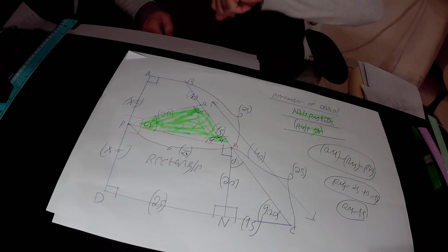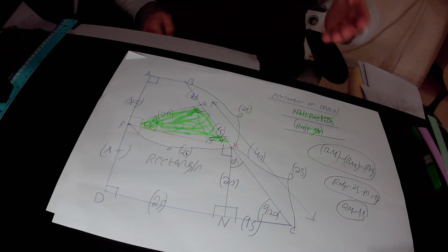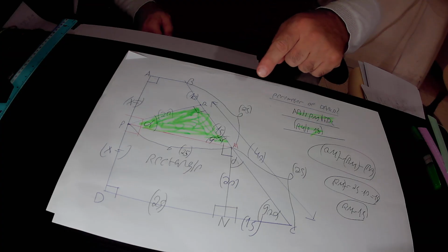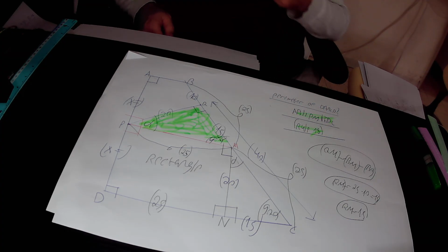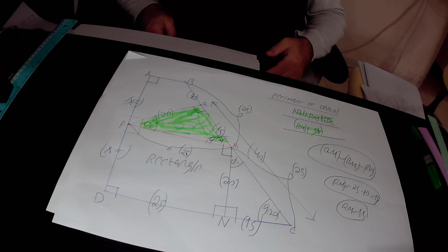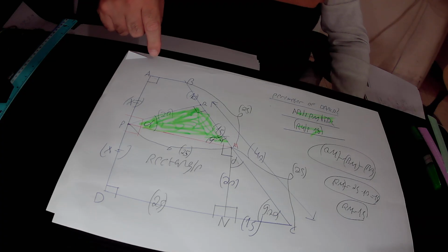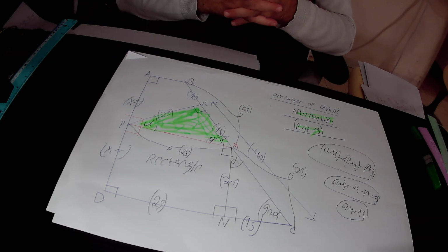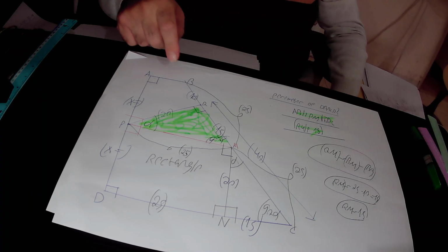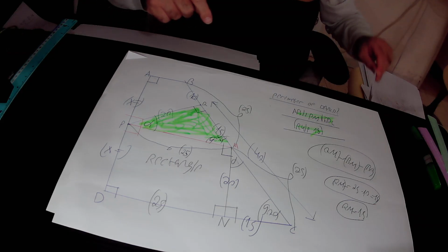BC is 50, so each half is 25. So in conclusion, PM bisects both legs AD and BC of trapezoid ABCD, and therefore line segment PM is defined as the mid-segment of trapezoid ABCD.